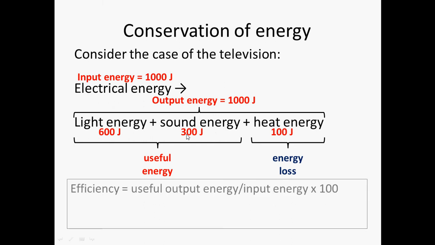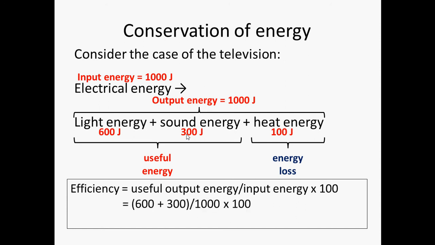So in other words, okay, using the formula, efficiency equal to useful energy output divided by input energy times 100%, we get 600 plus 300, which is this 2, divided by the input energy, alright, times 100. So that's how you get 90%. Okay, so that's how you calculate the efficiency. And remember what I say, that the useful energy depends on the case. Alright, so once you know the case, you write down the energy conversion, you will be able to solve for efficiency very well.